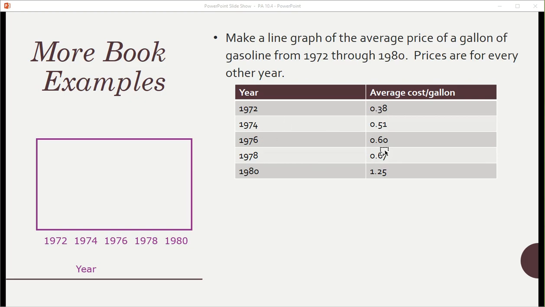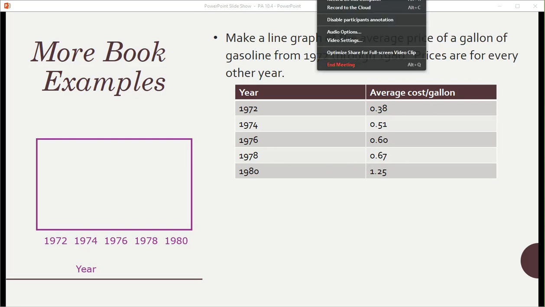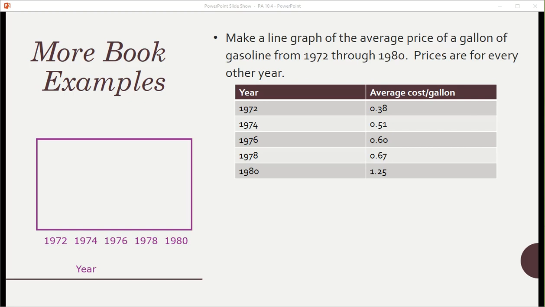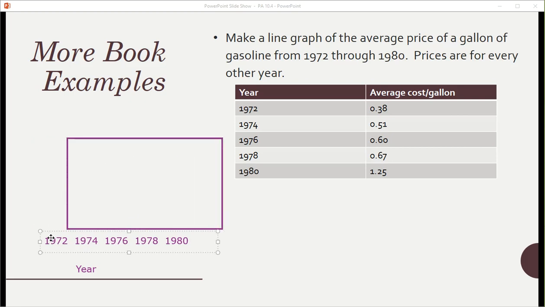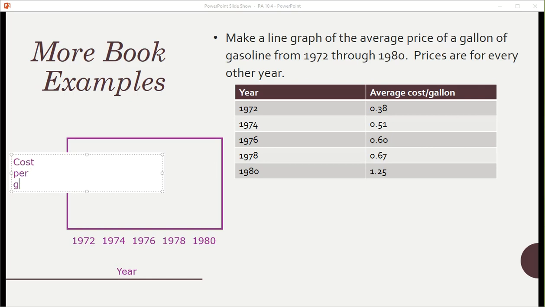The least expensive year was 38 cents. The most expensive year was $1.25. So this is going to be cost per gallon, and I'll move this a little bit to give you some more room to see it. So this is going to be cost per gallon in dollars.